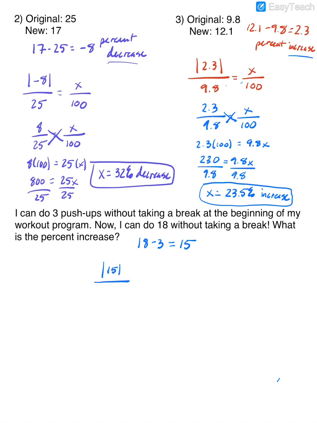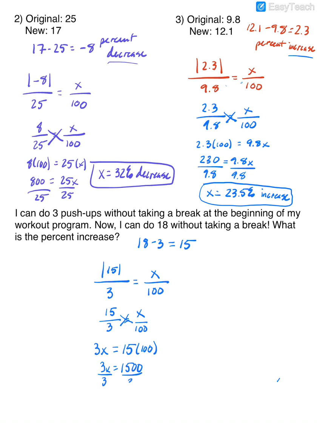Absolute value of 15 over the original of 3. So the absolute value of 15 is 15. Cross multiply. Okay, so 15 times 100 would be 1500.